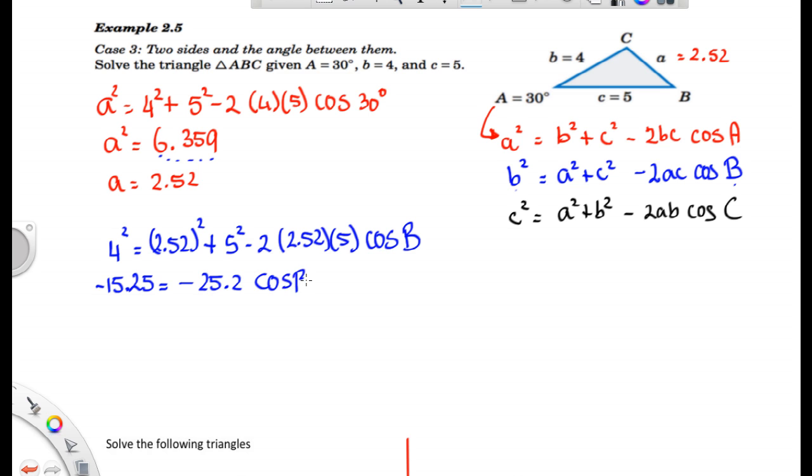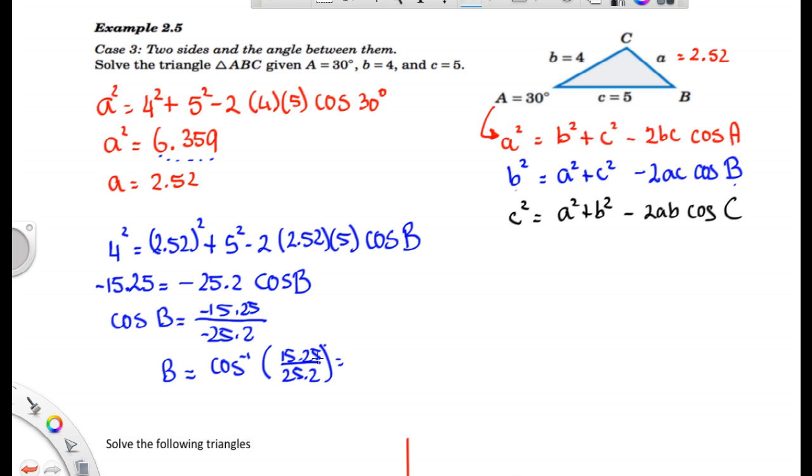So that means that the cosine of b is negative 15.25 divided by negative 25.2, and then angle b will be the inverse cosine of that value. If you plug that in the calculator, you should get angle b to be 52.4 degrees, rounded more or less.